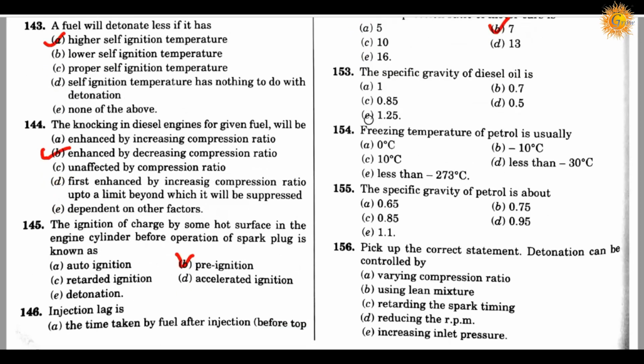Question number 153. The specific gravity of diesel oil is option A 1, option B 0.7, option C 0.85, option D 0.5, option E 1.25. So the correct answer is C, it will be 0.85.